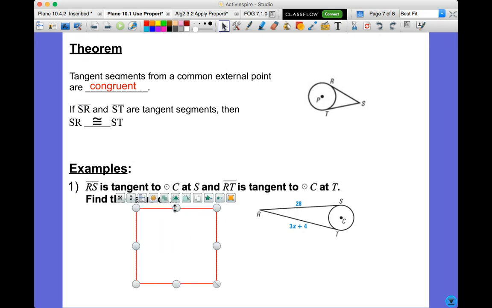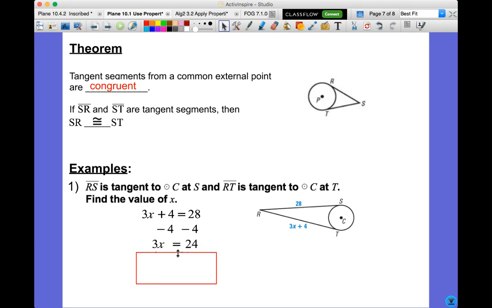So since those two line segments are congruent, we can say 3x plus 4 is equal to 28. We subtract 4 on both sides, leaving us with 3x equals 24, and then divide both sides by 3, and we get x is equal to 8. But remember, we could only do this because we can say RT is equal to RS.